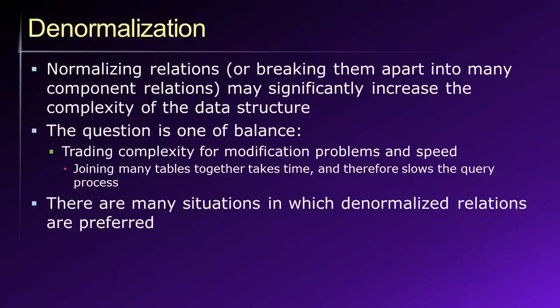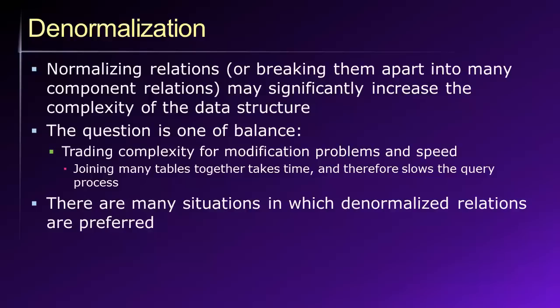Now that we've reviewed the normalization process, next I would like to talk about a new topic, and that is the concept known as denormalization. As the name suggests, denormalization is the opposite of the normalization process. That is, in the denormalization process, we have identified a business need or a business justification for why two or more tables within our database design should be combined together into a single table.